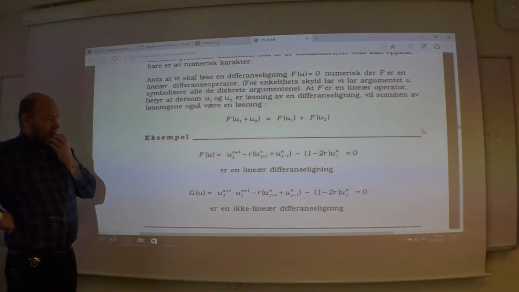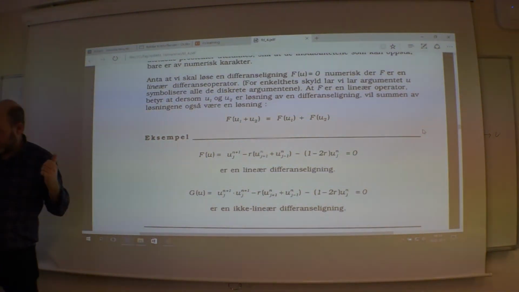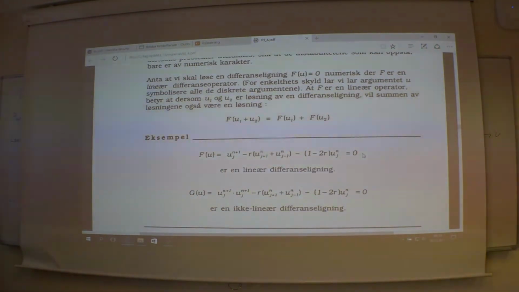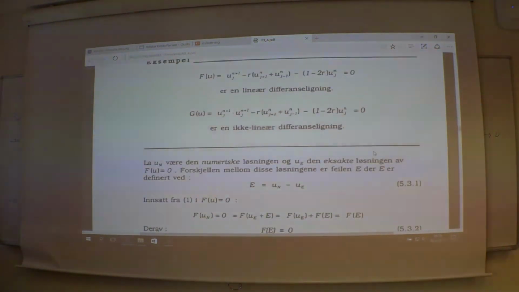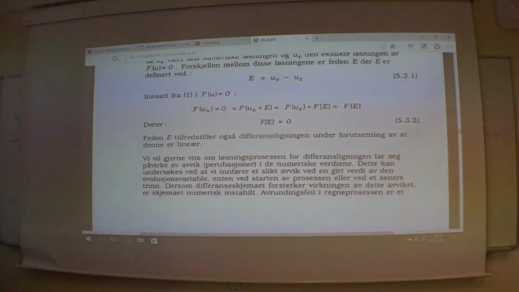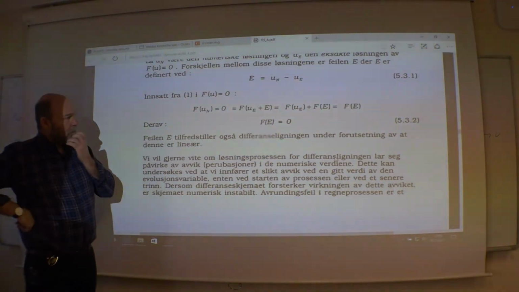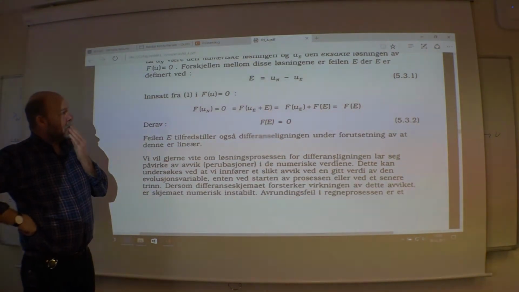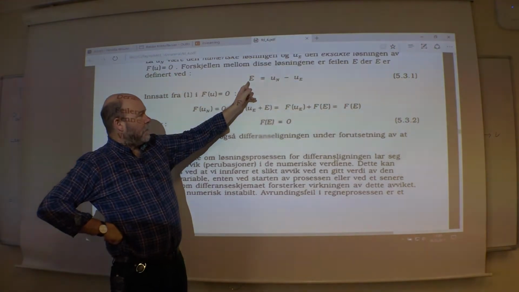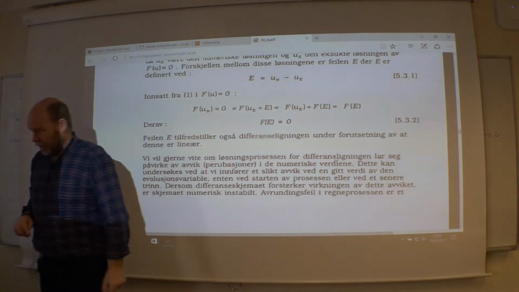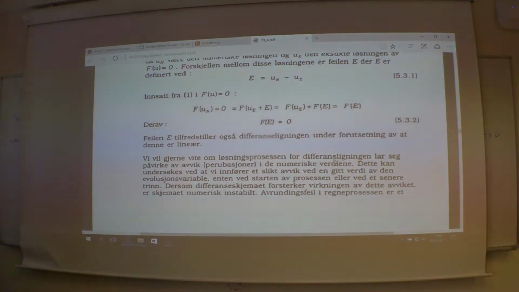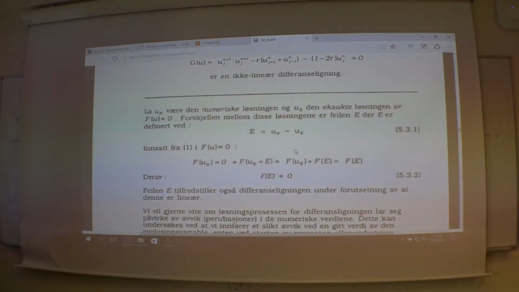And I've chosen this one because he uses the exact same equation as an example. So the philosophy here, if you have a linear discrete equation system, then you can actually define an error between the analytic solution and the exact solution.